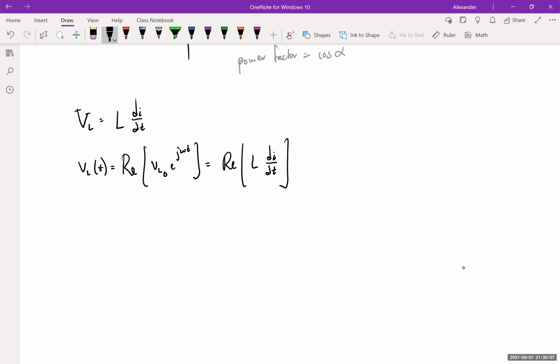Now the current, let's see, the potential across the resistor as a function of time was the real part of VR0. The current through the circuit at any given time is the voltage divided by the resistance.